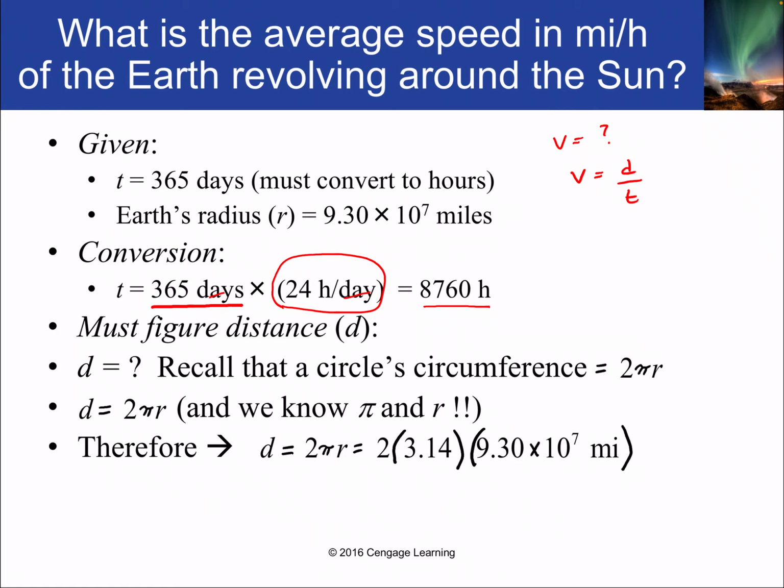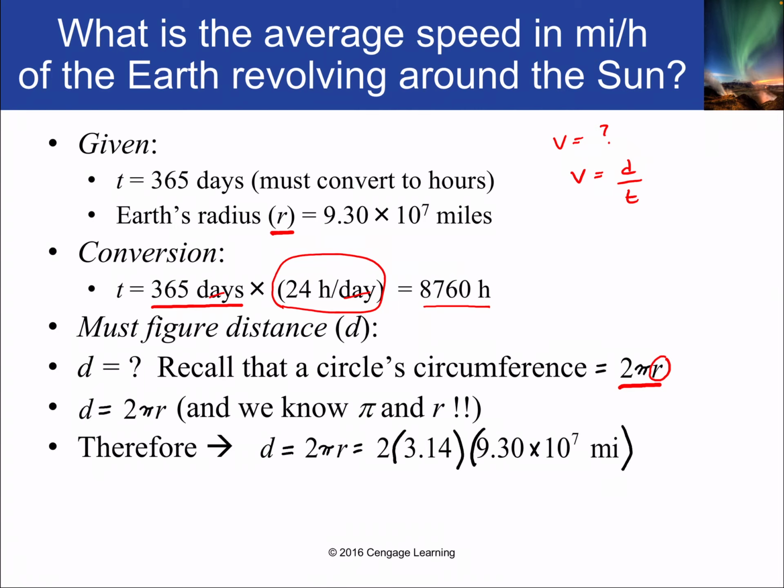Now, the Earth is going around the Sun in a circular manner. So that's when the circumference of the circle would come into effect. So circumference is 2 pi r. So we're able to substitute this r value for the Earth's radius.